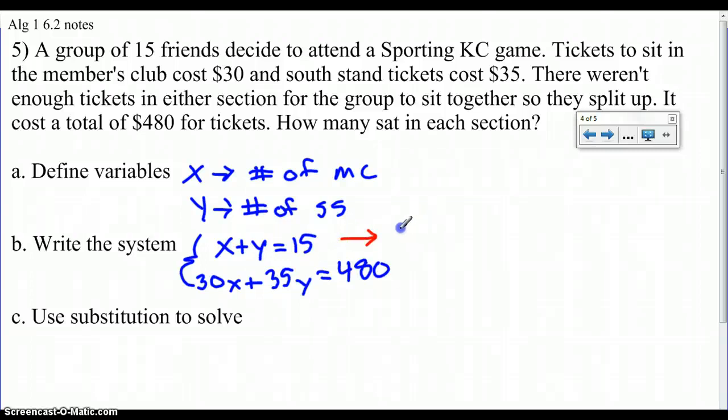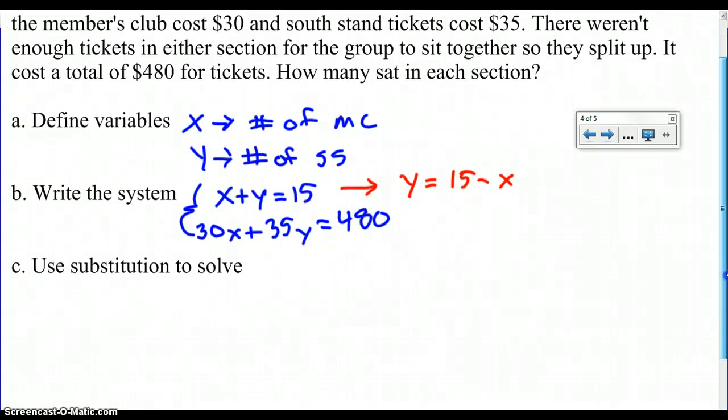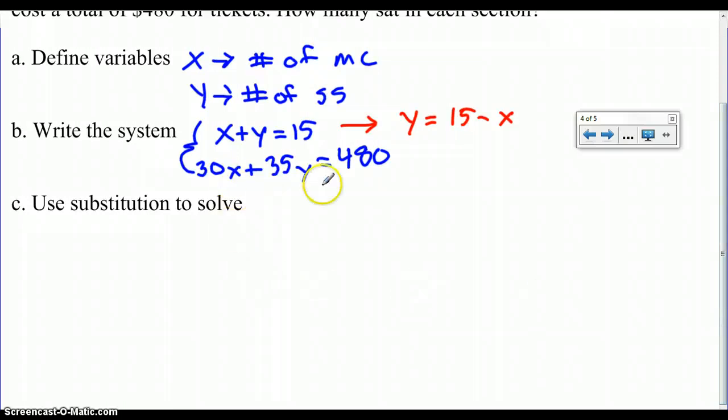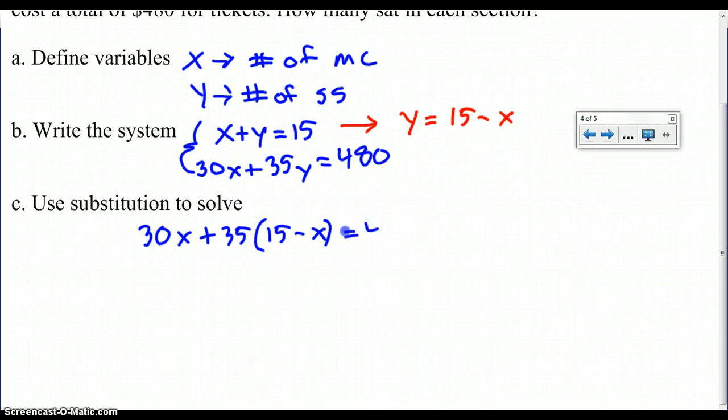Now, because that first one is the simpler equation, I'm going to go ahead and use that one to begin my substitution, I should say. So y then is 15 minus x. I'll rewrite the second equation, 30x plus 35 times 15 minus x equals 480. So here we go, 30x plus 35 times 15.